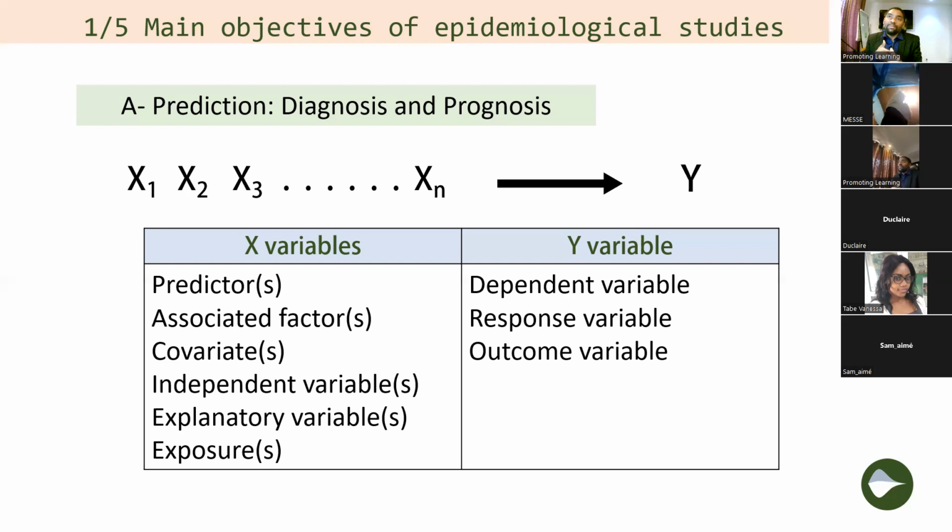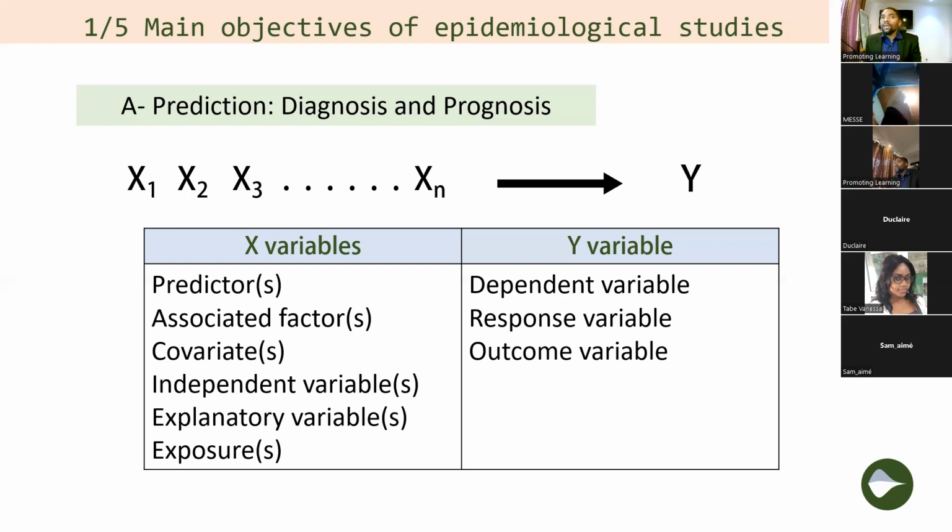A very basic, simple example of prognosis is, when you're already diagnosed with a cancer, what's your probability that you're going to survive after 5 years? That's what prognosis is all about.